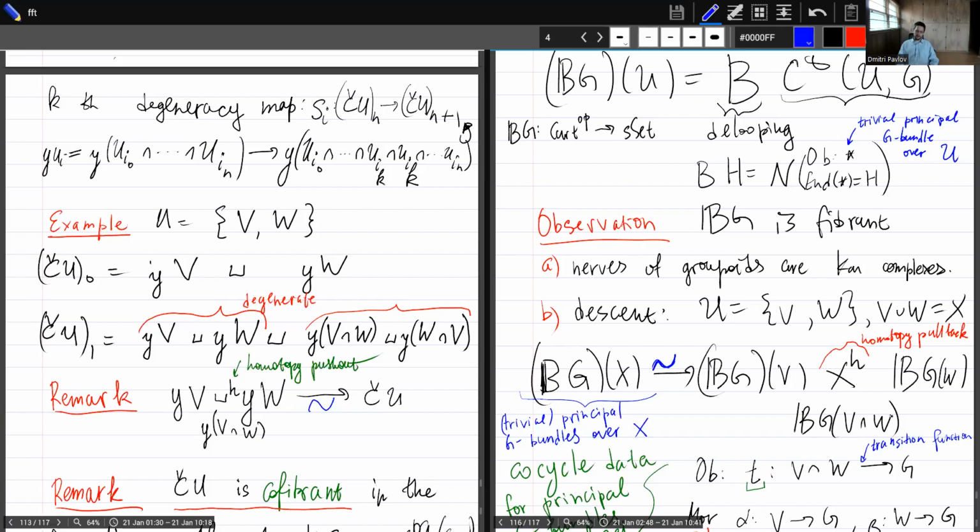So both left side and right side describe principal G-bundles over X. The left side, strictly speaking, is trivial principal G-bundles over X, but X is contractible, so every principal G-bundle is trivial. And the right side describes principal bundles, or rather their cocycle Čech data, trivialized over the open cover V and W. But again, any such Čech data glues to a principal G-bundle over X, and conversely, every principal G-bundle does trivialize over a glued open cover, because V and W and V intersect W are all contractible spaces.